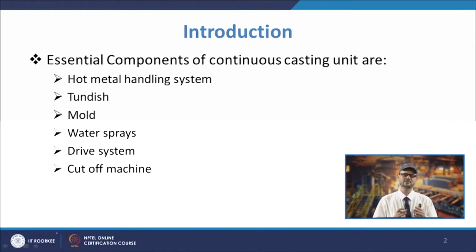From the ladle the metal will be transferred to the tundish and then to the mold, and after the mold you have the spray zone where water spraying is done, then you have the driving system, and in the end you are cutting off. So, you have a cut off machine. We will be talking one by one about these systems.